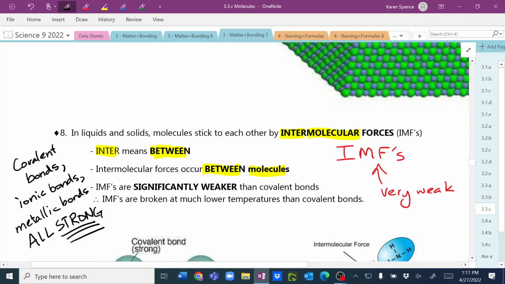So that's why when you boil water, it's going to be those weak forces that break rather than your strong covalent bonds. Do you guys know what metallic bonds form between? Metals and metals. And you don't need to know anything about them other than that this year. They're strong and they form between metals and metals. Okay?